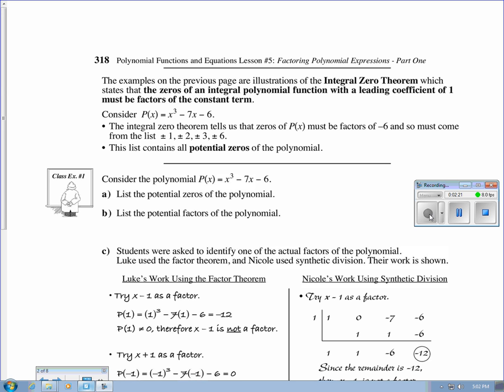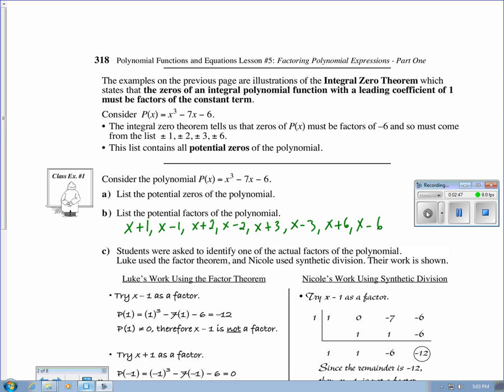And those lead to potential factors of the polynomial. So all those potential zeros were written above. And if I turn them into potential factors, remember what that looks like. Turning them into factors just means write them in factored form, convert from zero form to factor form.